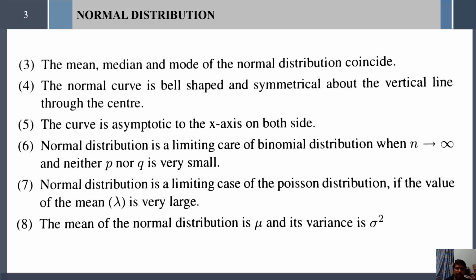Second point, the mean, median and mode of the normal distribution coincide. So mean, median and mode always merge in the normal curve. A normal curve is bell shaped and symmetrical about the vertical line through the center. Next, the curve is asymptotic to the x-axis on both sides.